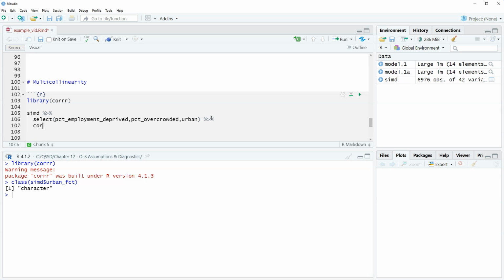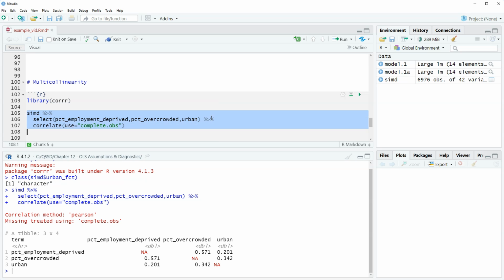And then we're going to use the correlate function and say to use complete observations, complete.obs. All right, so let's highlight that. Okay, so I tend to look at the lower triangle, even though it gives us both sides of it, right? So I don't really see any issues here.